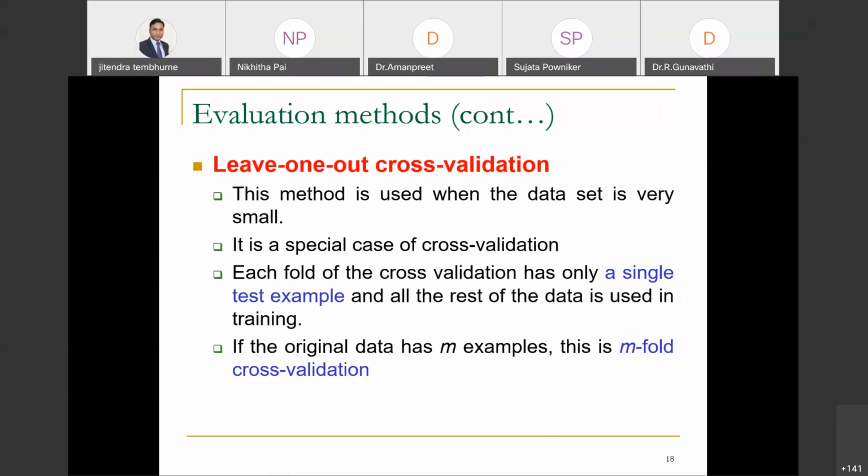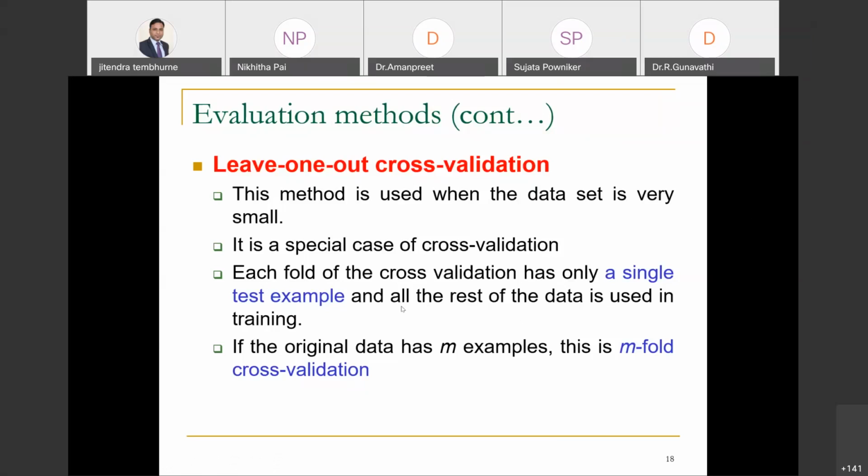It is a special case of cross validation. Each fold of the cross validation is a single test example. Whatever we have seen previously had a set of test examples, but here only a single test example will be there. Why? Because I have a very small data set. And all the rest of the data is used for training.